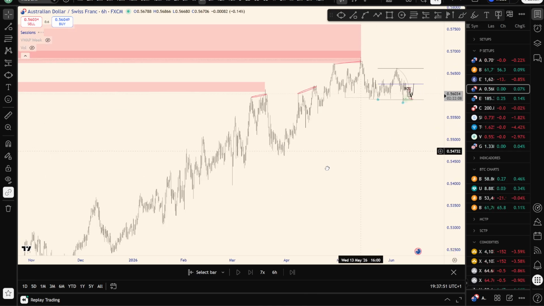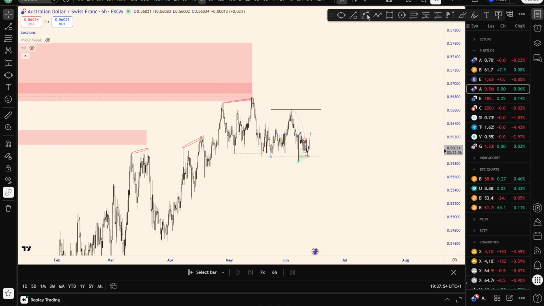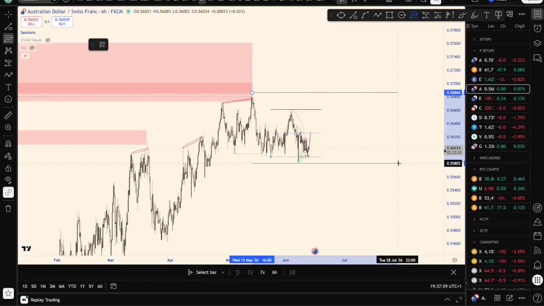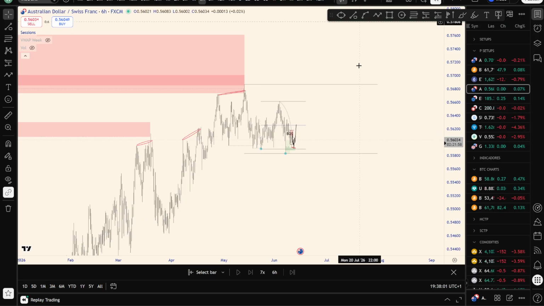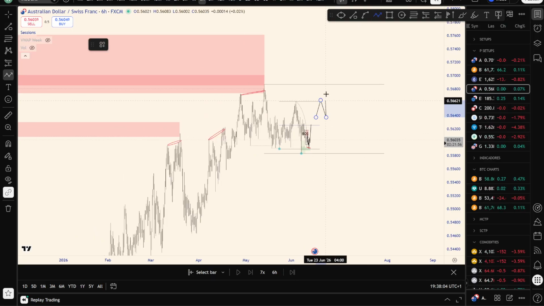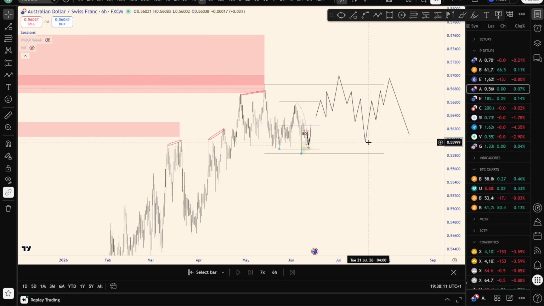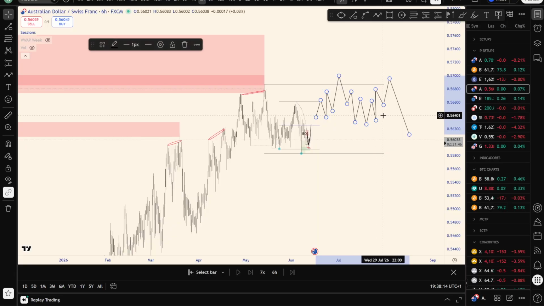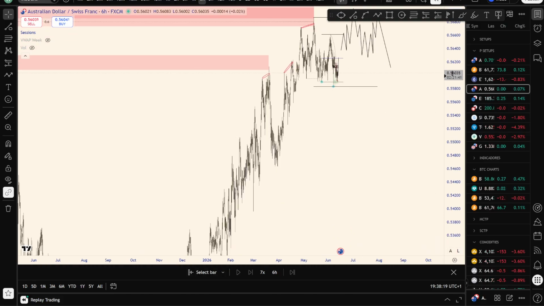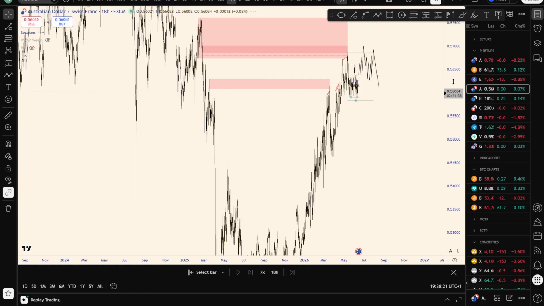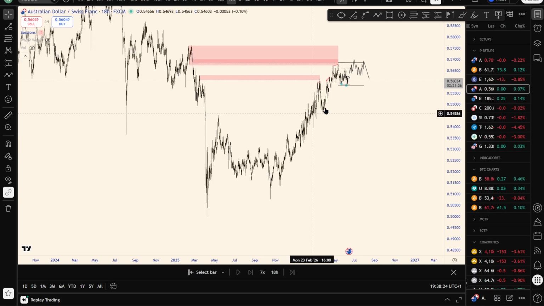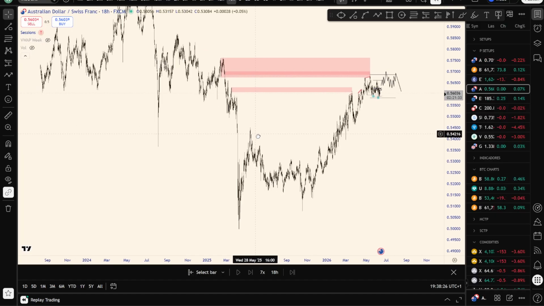So I would like this model to complete and create a high time frame range here, and then a big distribution model, something like this. No, here. It's not okay. So something like this would be pretty interesting, and there's a lot of liquidity here. So that would be pretty nice.